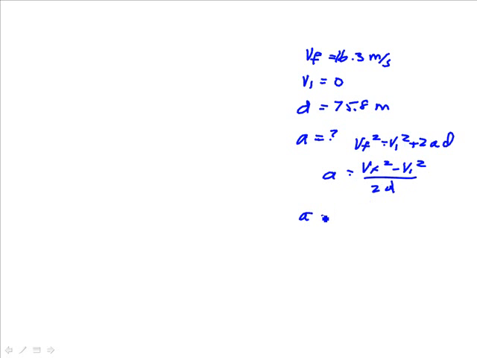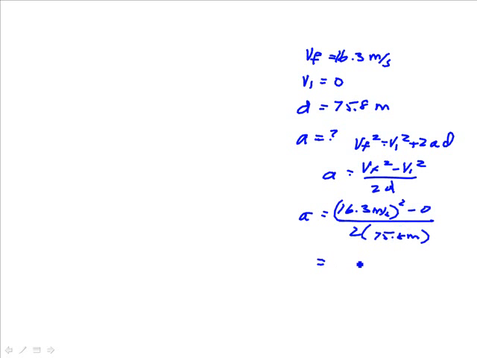A ends up being 16.3 meters per second squared minus 0 divided by 2 times the distance, which is 75.8 meters.